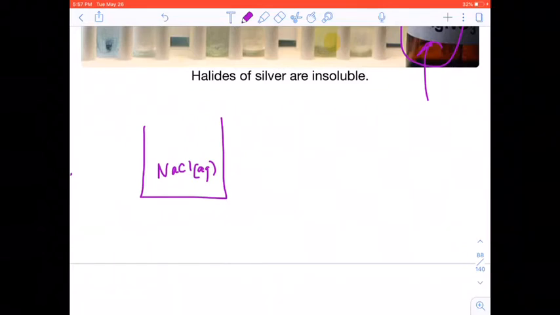And we want to know whether we have these chlorides in here. So what do we do? Let's add to this silver nitrate, and silver nitrate is also soluble.